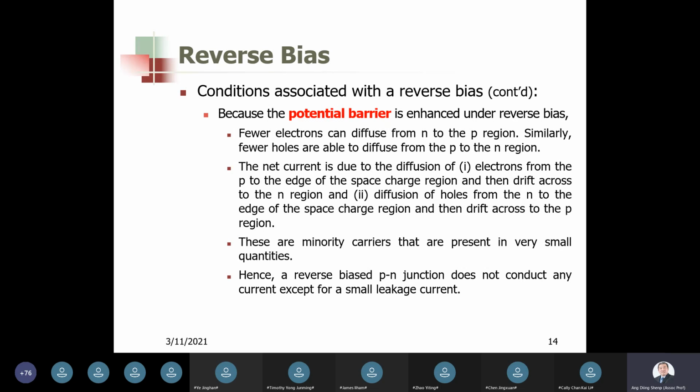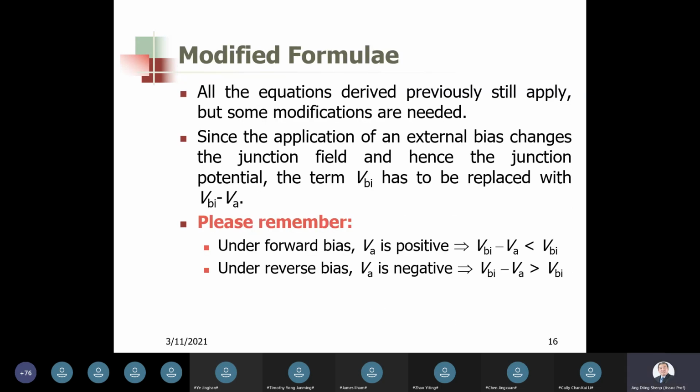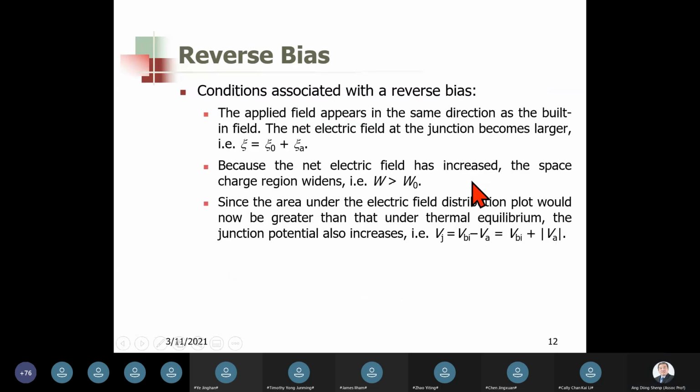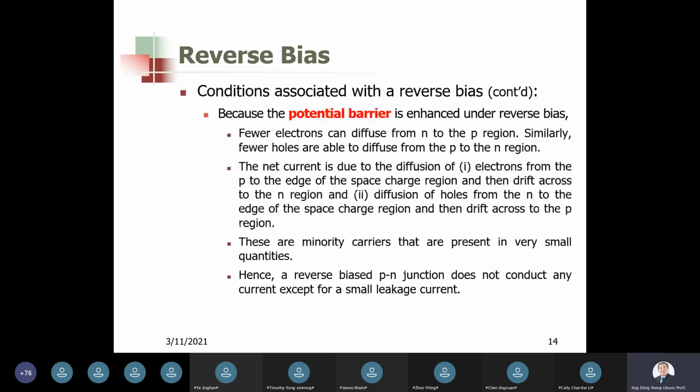This is a name that people commonly use to describe what happens to the charge movement across the PN junction under reverse bias condition. Minority carrier extraction. I think the word minority carrier extraction might be missing on the slide, so you might want to add it in here.